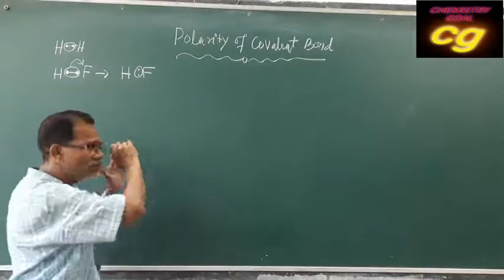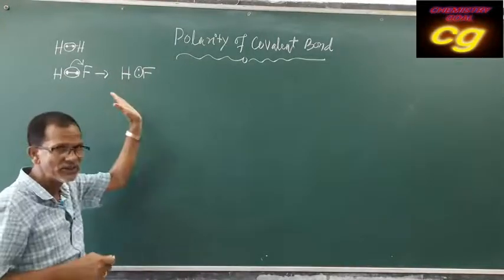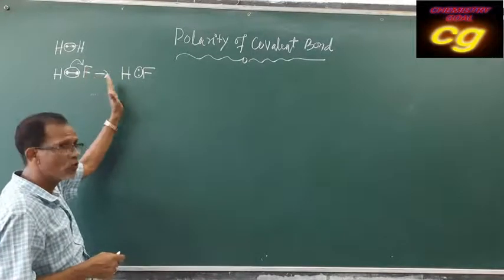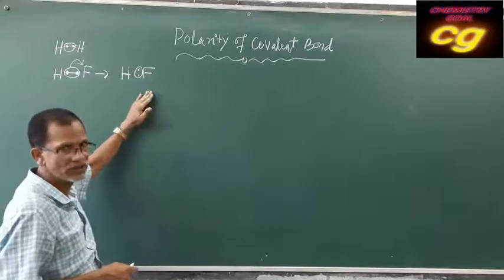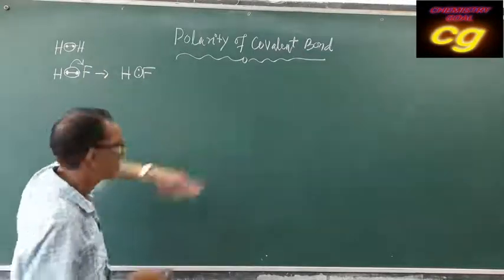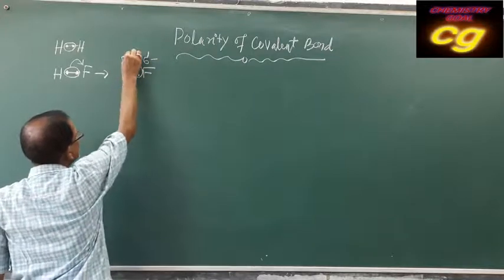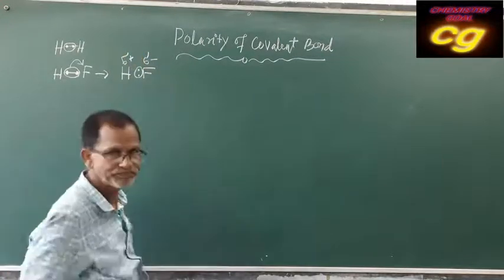So as the hydrogen electron shifts towards fluorine, moving away from hydrogen, fluorine becomes partially negatively charged and hydrogen becomes partially positively charged.